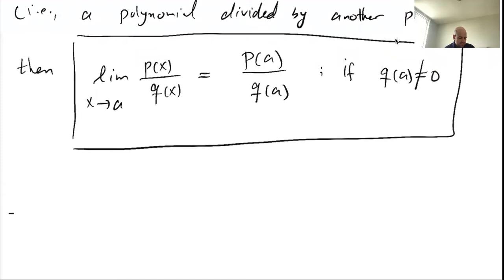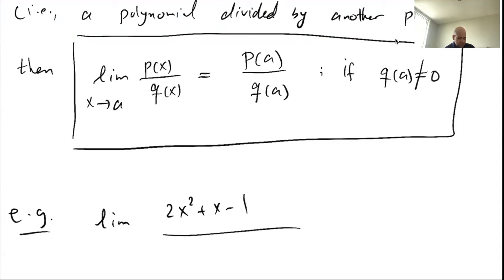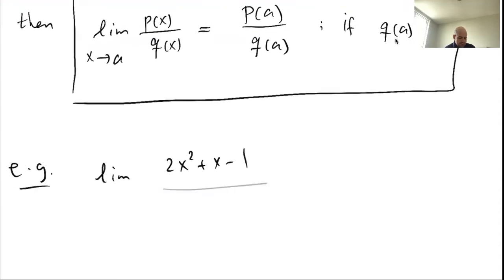So for example, let's say the limit of 2x squared plus x minus 1 divided by x squared plus 3 as x approaches 2.